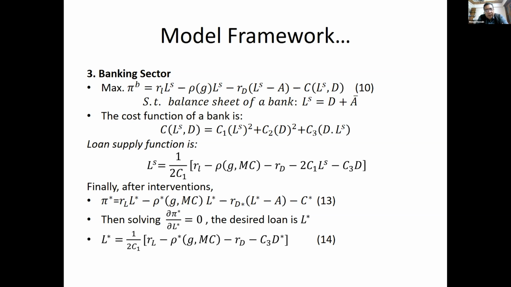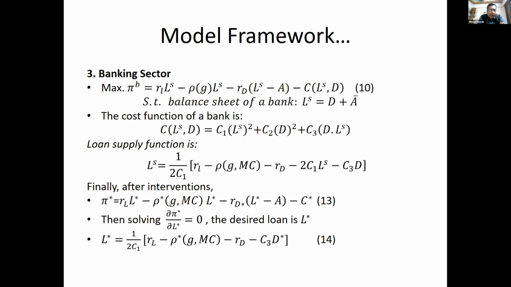And we again redefine rho as a function of G. G means some information of the borrowers, and MC is the marginal cost of lending. RD is the deposit interest rate, C1 LS is the loan supply cost, and C3 D is the cost of deposits. Finally, after intervention, we rewrite equation 13 like this with a new loan star, and all else is as I mentioned before.